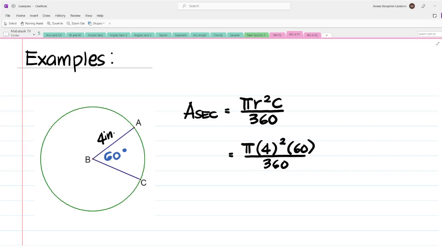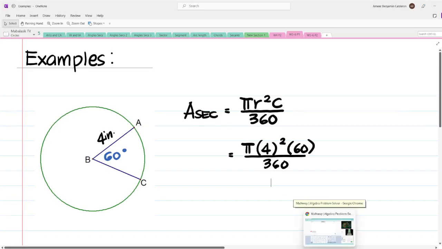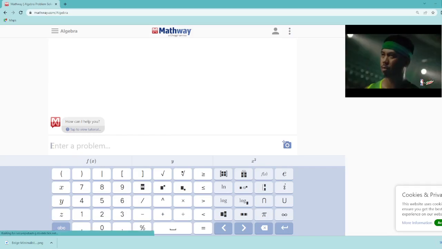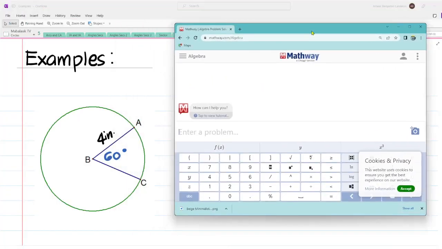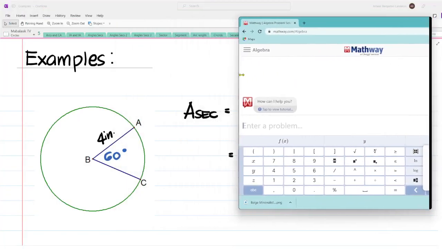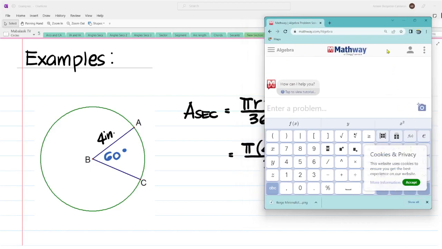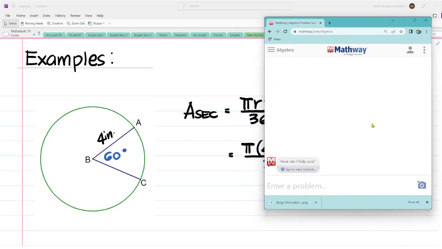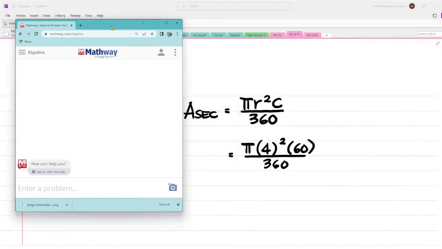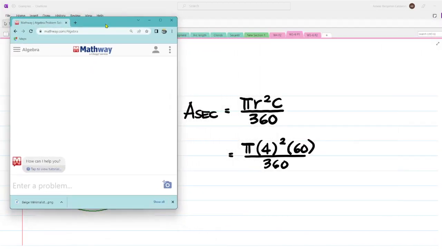So for my students, we don't use 3.14 as pi. We just use pi because we are going to press everything in our calculator. I'll use Mathway for this video, but of course, you are free to use any other calculator that you like. Of course, it's better if you have your scientific calculator.